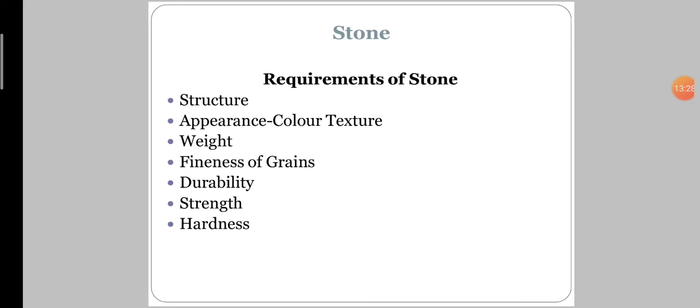At the same time, we need some qualities in a good stone. The stone should be durable, hard and strong to withstand all weather conditions. A good building stone should be of uniform color and free from clay holes or spots of other color. These are some of the qualities we need from stones.